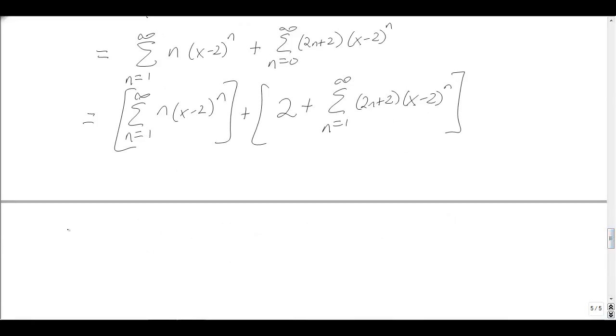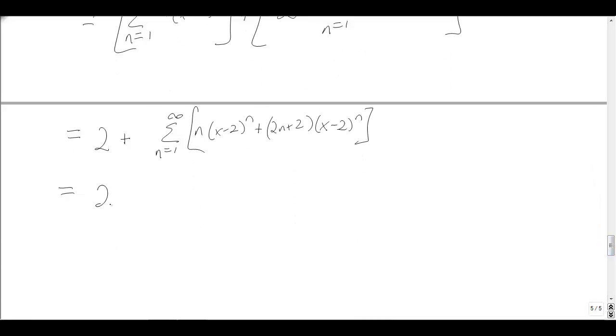Okay, so now what I'm going to do is, let's say I have the 2, I'm going to put that out in front, plus sum n equals 1 to infinity. On this left, I have n times x minus 2 to the n. On the second sum, I have plus 2n plus 2 times x minus 2 to the n. So this works out to be 2 plus sum n equals 1 to infinity.